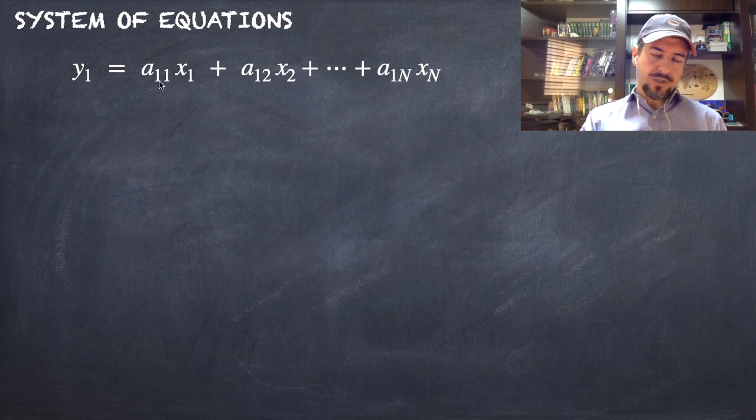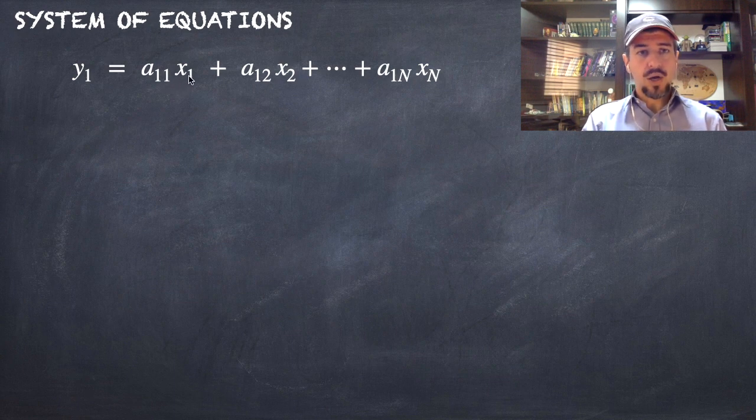The first index of the coefficient is equal to 1 in all of them, because it is related to the first equation. The second index is related to the x variable.